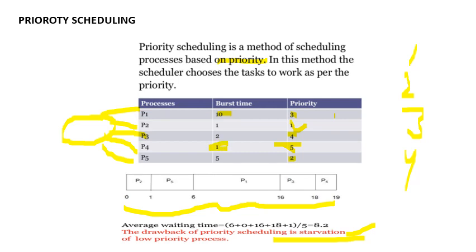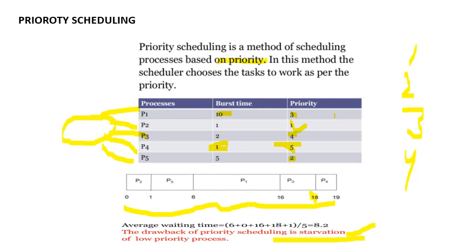It wants just 1 millisecond to execute compared to processes P1, P5 and P3. But to execute this 1 millisecond, it has waited up to 18 milliseconds.